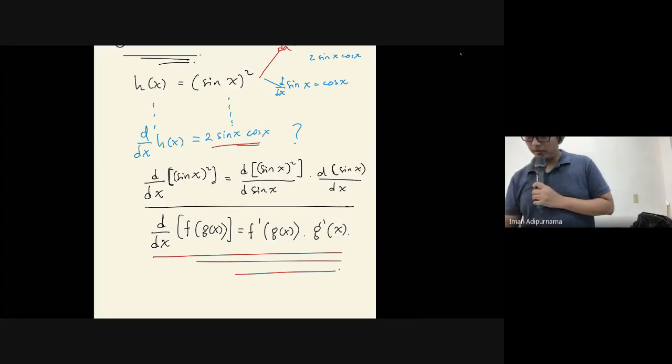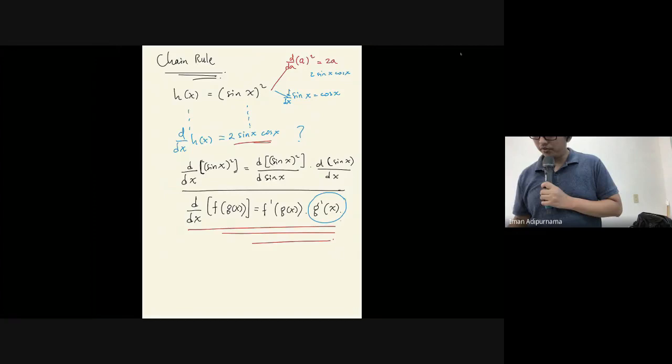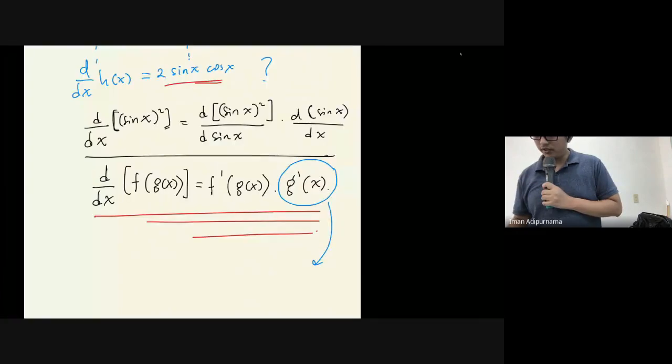Some mistakes happen if you forget this, the blue one here.